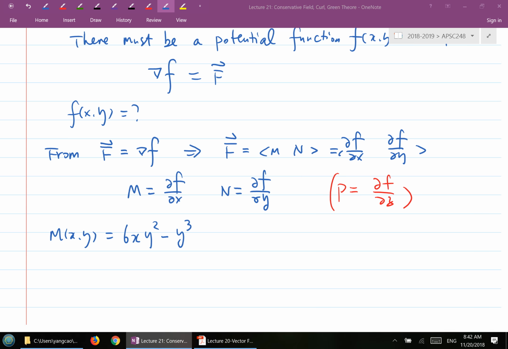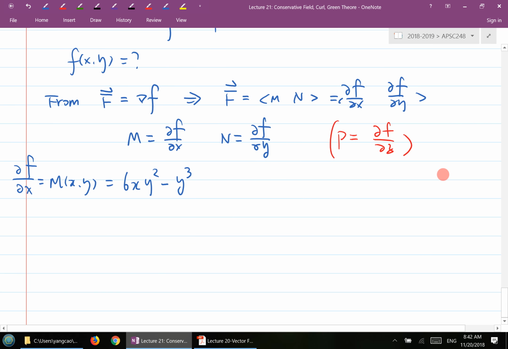I'll write the partial derivative on the other side here: partial f over partial x. I don't know what that potential scalar function f is yet, but I do know that the partial derivative of f over x should give me this M component, which is already given to you. Now I want you to focus on this.